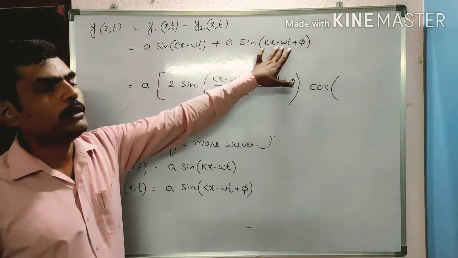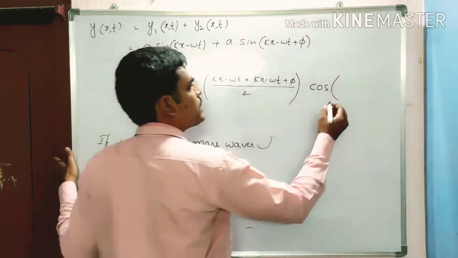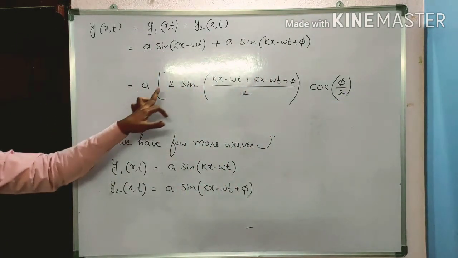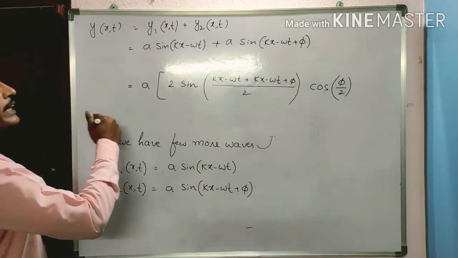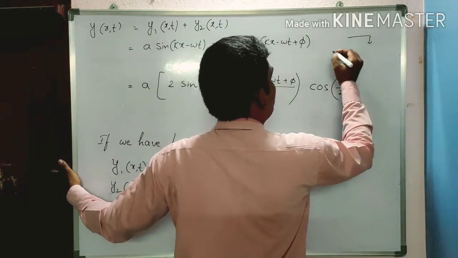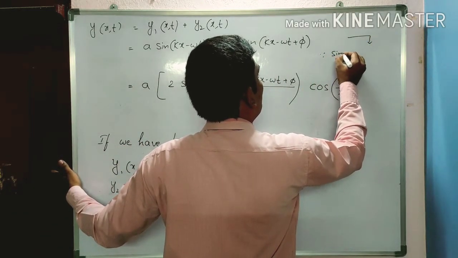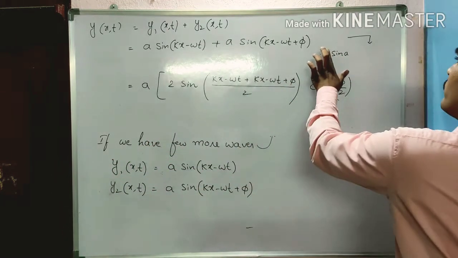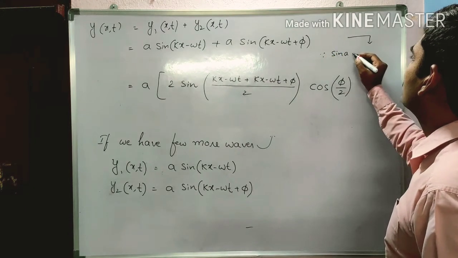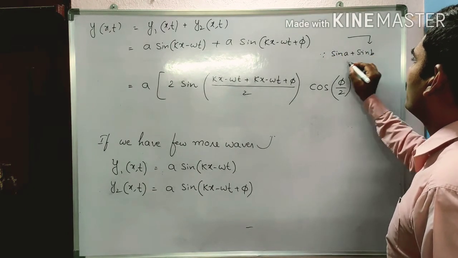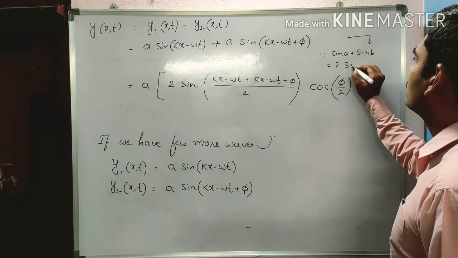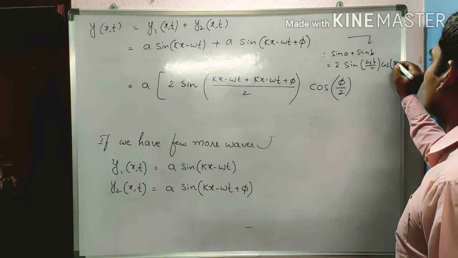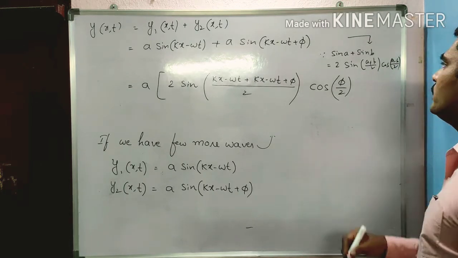The kx − ωt terms cancel out. So what do you get? cos(φ/2). Here we use the formula sin a + sin b = 2 sin((a + b)/2) cos((a − b)/2).